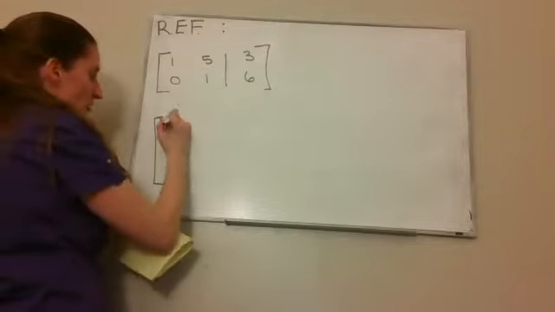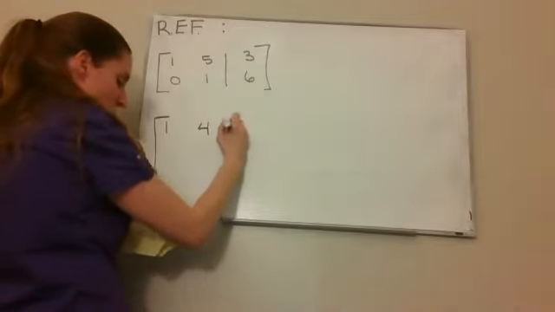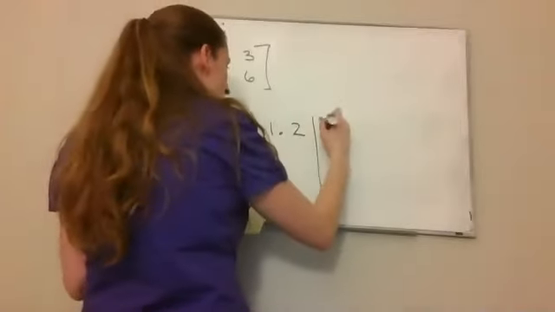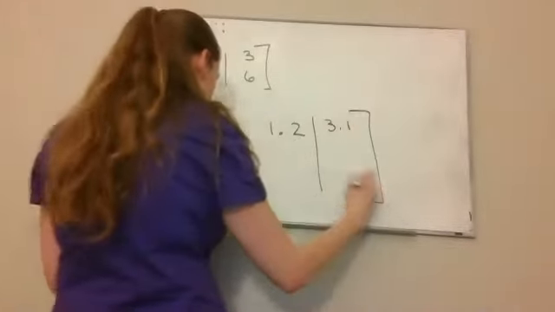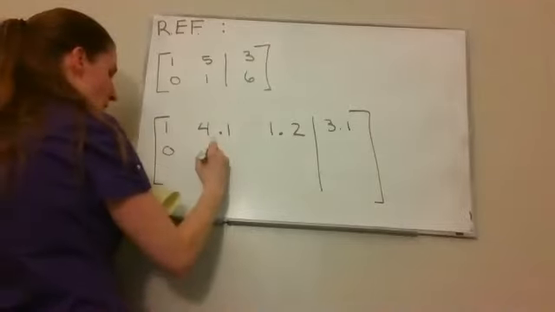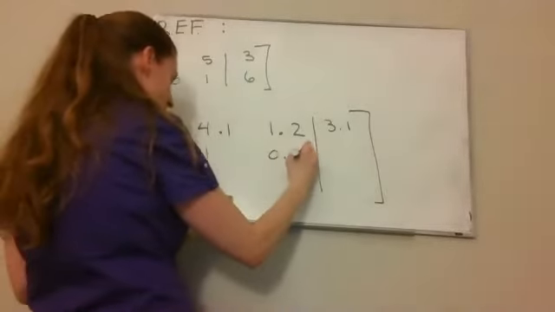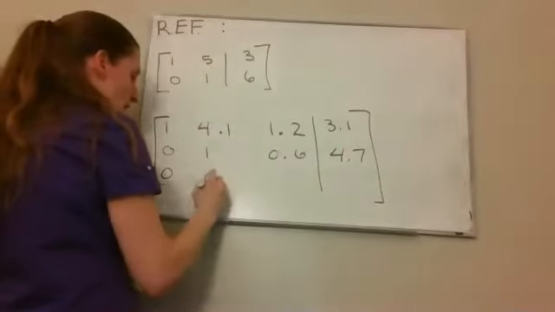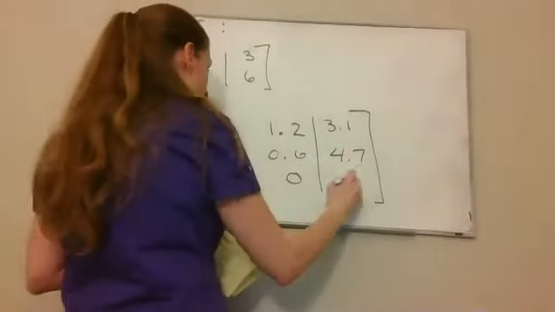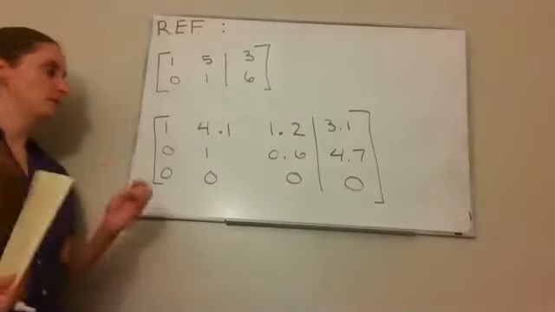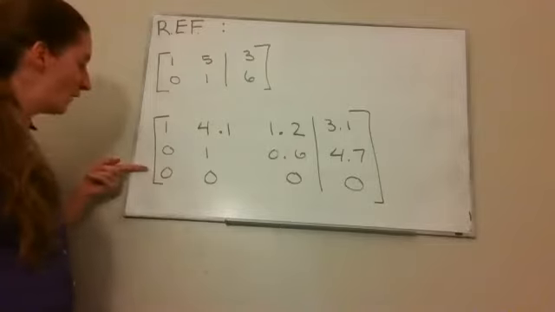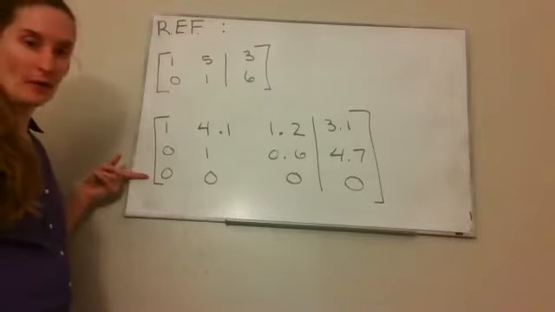Another one in row echelon form is 1, 4.1, 1.2, 3.1, 0, 1, 0.6, 4.7, and 0, 0, 0, 0. So this guy is in row echelon form because we have a row of all zeros, but it's on the bottom.